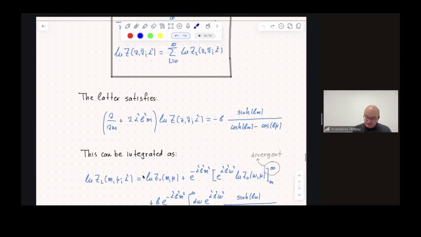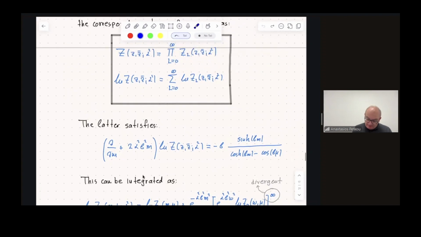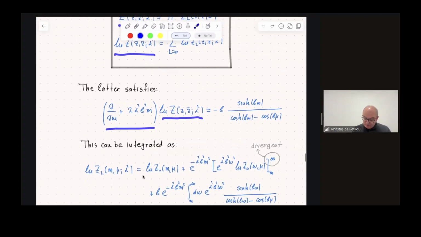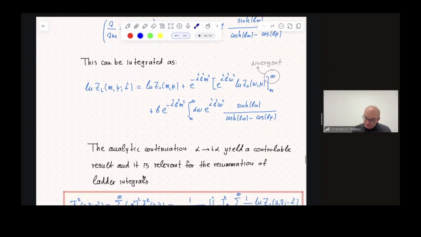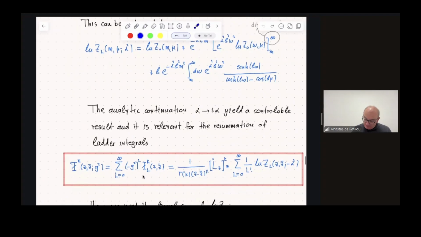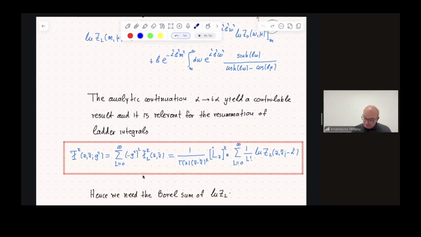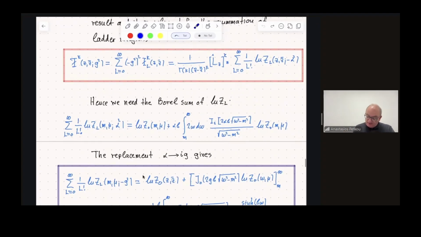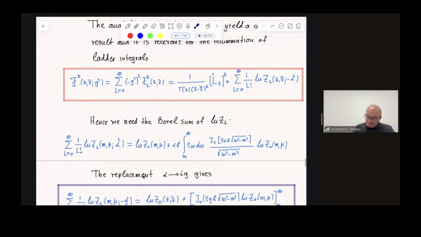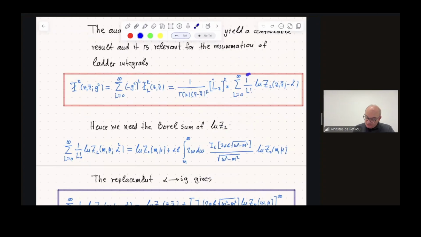Right. This guy, the full log z, actually satisfies a single first derivative equation in terms of the variable m. It can be integrated. Okay, I'll just give you the result. Let me go here. And here is now where the famous 1 over L factorial appears.